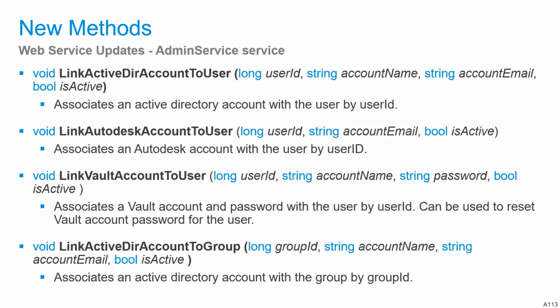Since a user profile can have several accounts, to assign them to the user profile, we need to use the following methods: link Active Directory account to user, link Autodesk account to user, and link Vault account to user. And to assign an Active Directory account to the group, we need to use the link Active Directory account to group method.